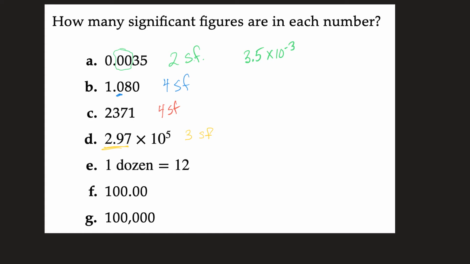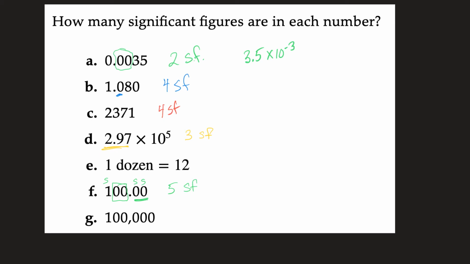F, 100.00. Well, let's start with the 0.00 numbers. We know that zeros to the right of the decimal are significant. So then what about these guys? Well, if these are significant and the 1 is significant, then we have zeros sandwiched between significant digits, so they are also significant. So that's 5 significant figures.